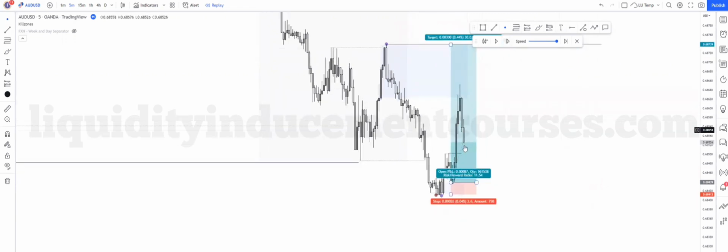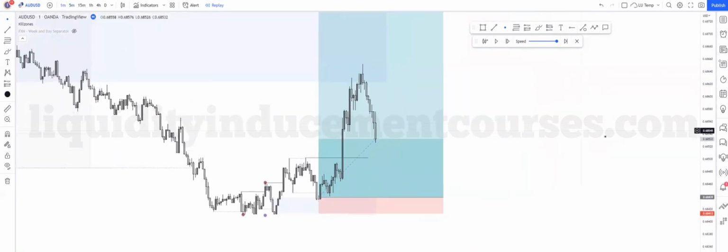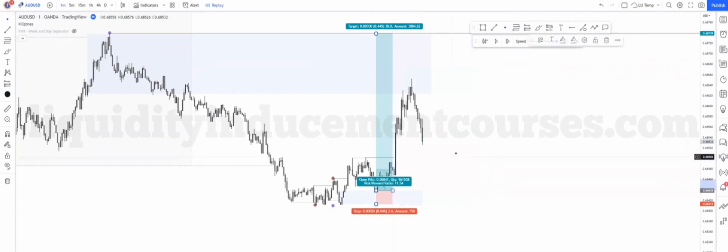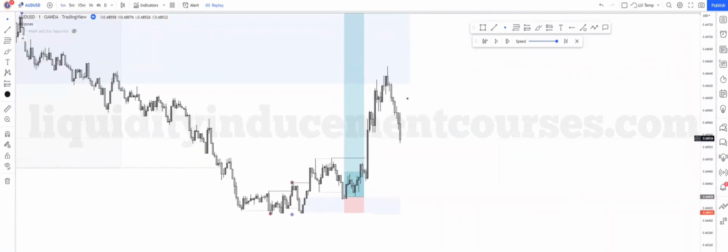All right, there's the retracement, there's a pullback. Let me just get this out the way for a bit. I'm still holding this. So now we have a run liquidity and a break in structure.